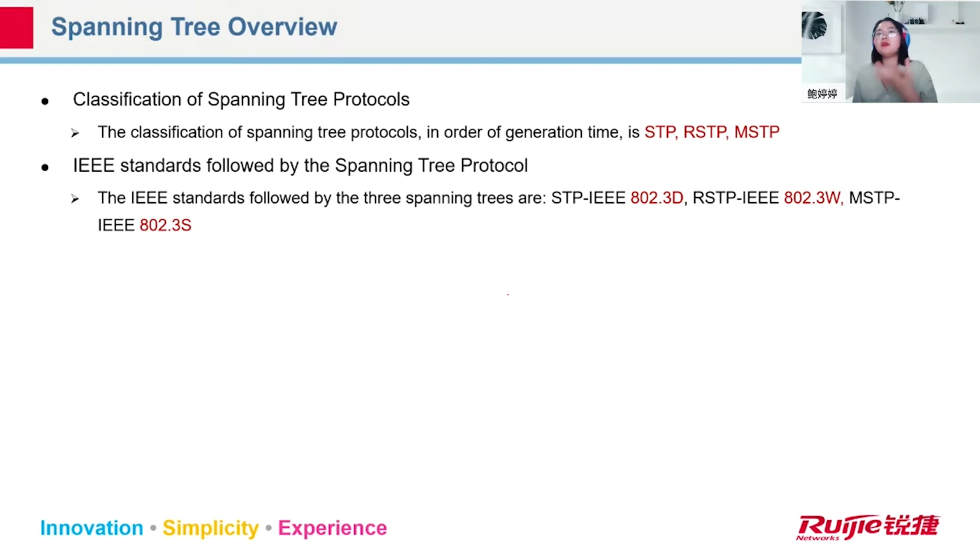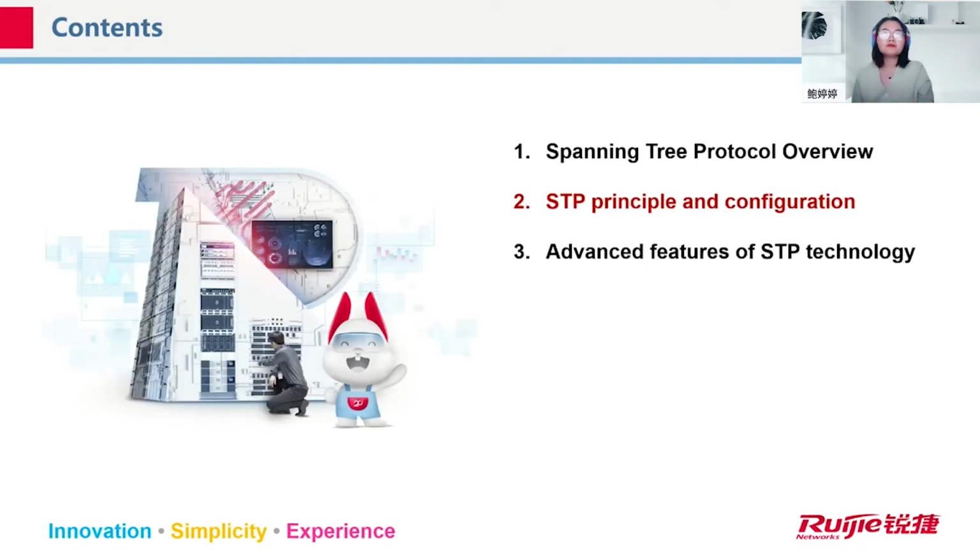About STP, there are also IEEE standards to indicate it. STP is IEEE 802.1D, RSTP is 802.1W, and MSTP is 802.1S. About this, you only need to know it; you don't need to remember it.